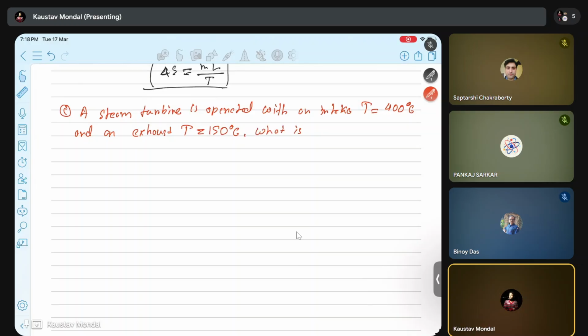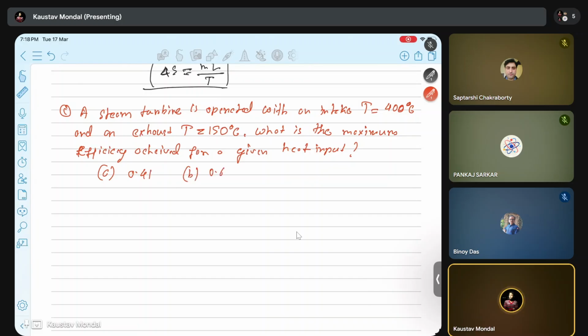What is the maximum efficiency achieved for a given heat input? Option A is 0.41, option B is 0.63, option C is 0.37, and option D is 0.17.